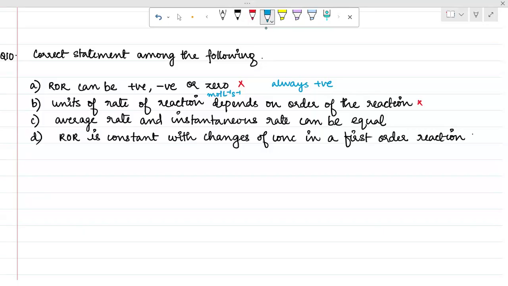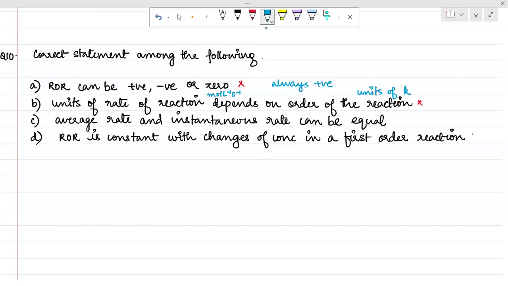What changes with the order of the reaction? Units of rate constant, not the rate. So you have to be very careful with the terms, whether it is rate or rate constant, whether it is order of the reaction or rate of the reaction. Pay attention. Okay, C is something that you don't know. The terms might be new to you. So let's leave that for the time being.